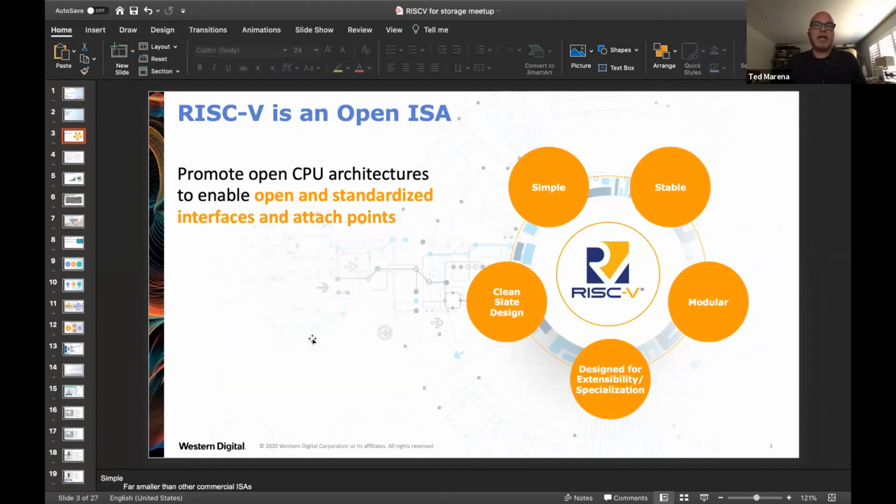You have a number of commands, and there's a minimum base set of specifications that you have to implement. Then there are a number of optional extensions that you can implement. One of the things that really started to build momentum for RISC-V, going back to 2014, 2015, was when the specs were frozen. The instructions were frozen, which meant if you wrote software for RISC-V, it's going to run on RISC-V forever.